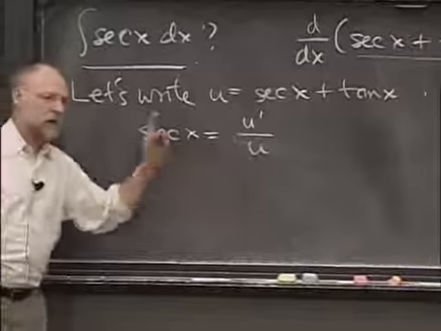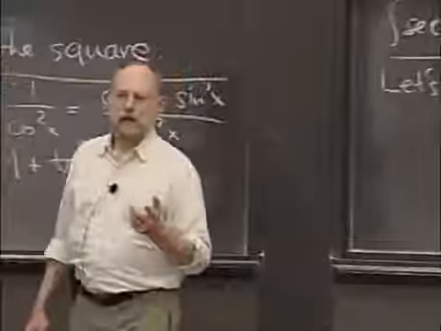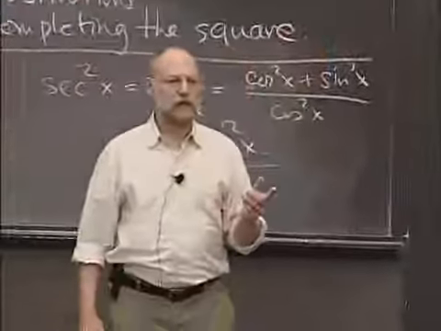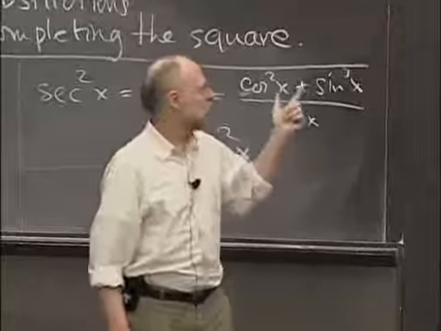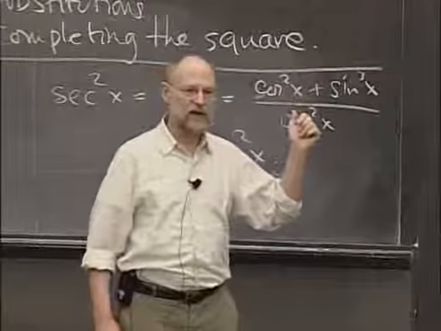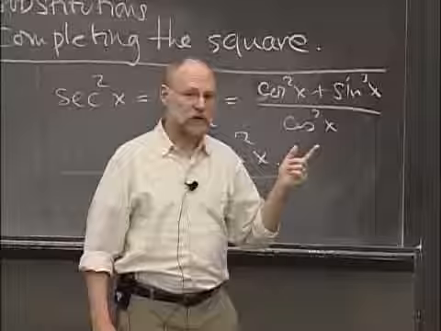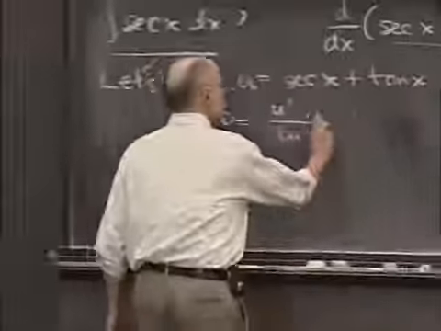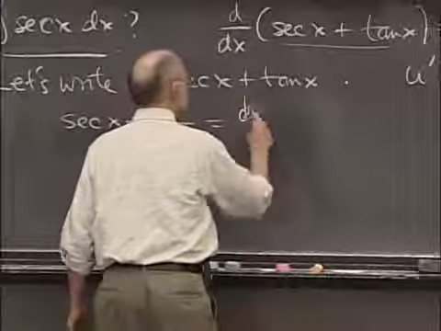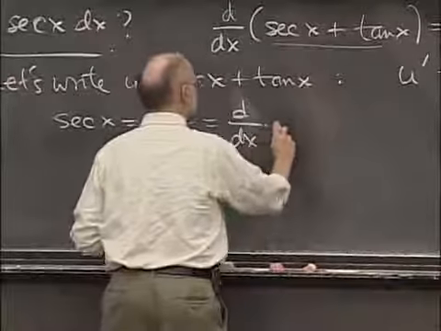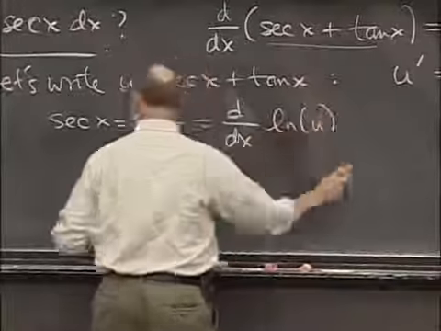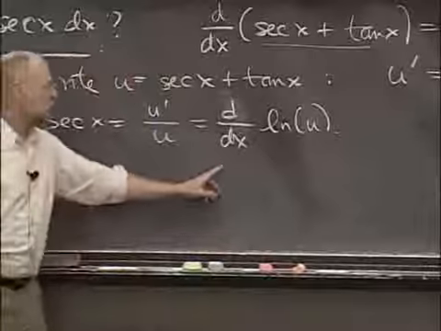U prime divided by u, that has a name. I'm not sure that Professor Jarrison has used this in this class, but u prime over u, we've actually used something like that. It's on the board right now. It's a logarithmic derivative. It is the derivative of the natural logarithm of u. Maybe it's easier to read this from right to left.